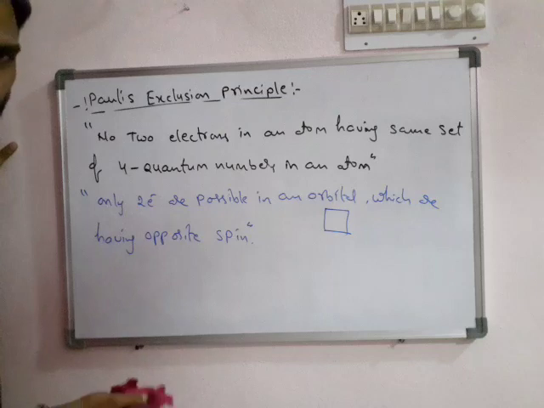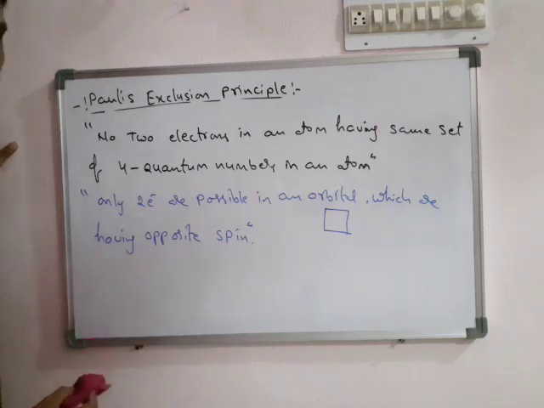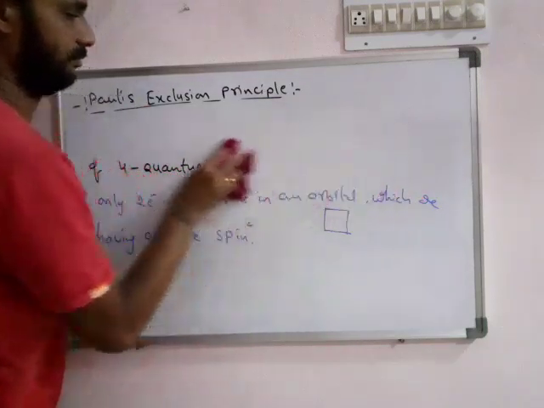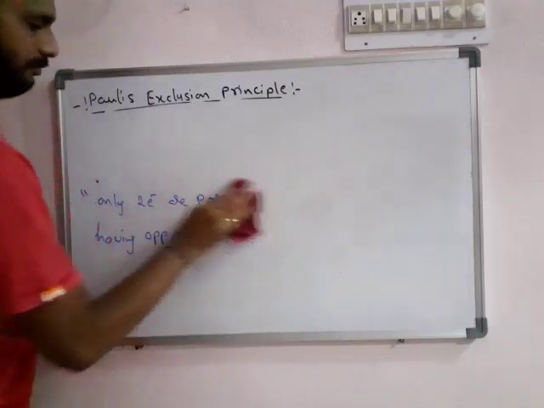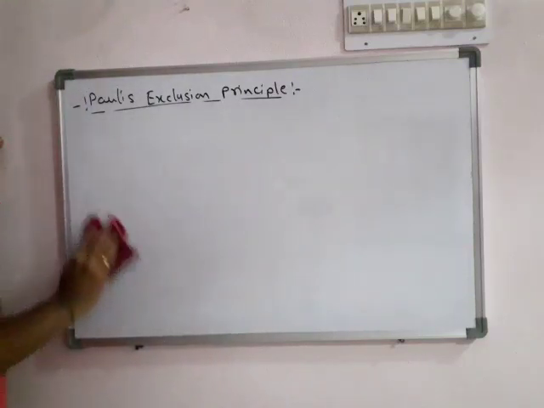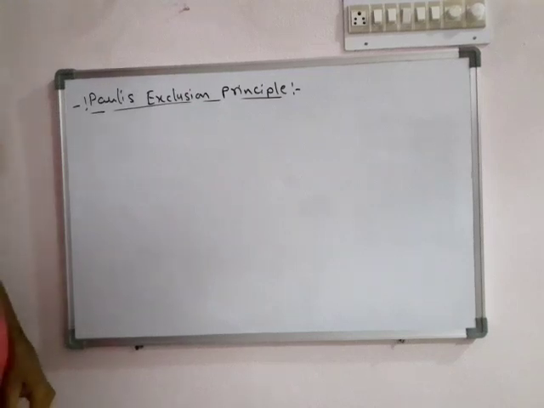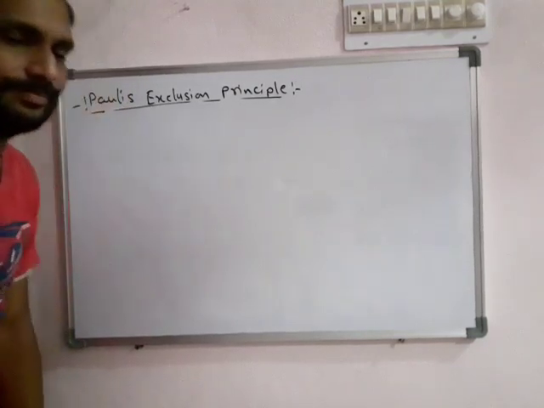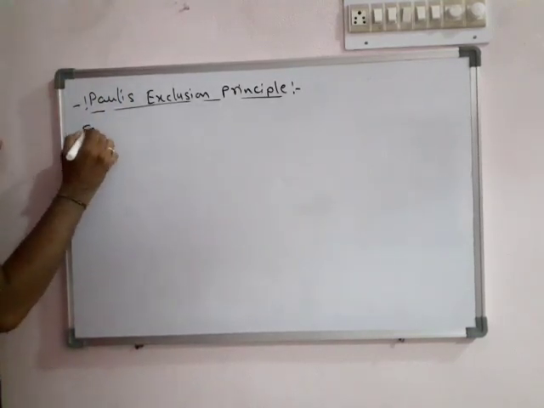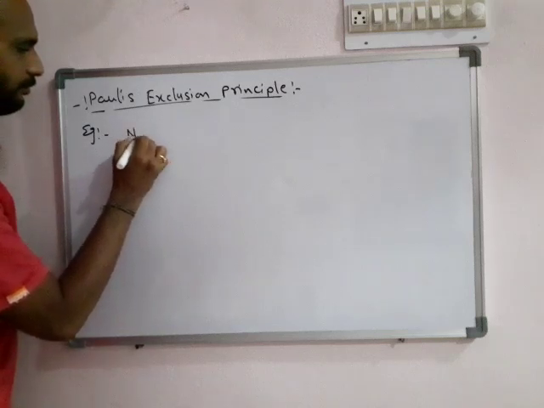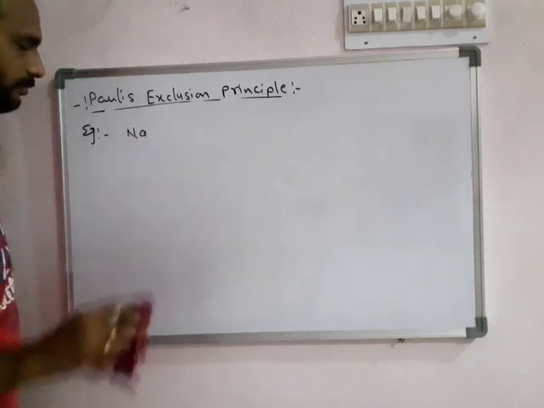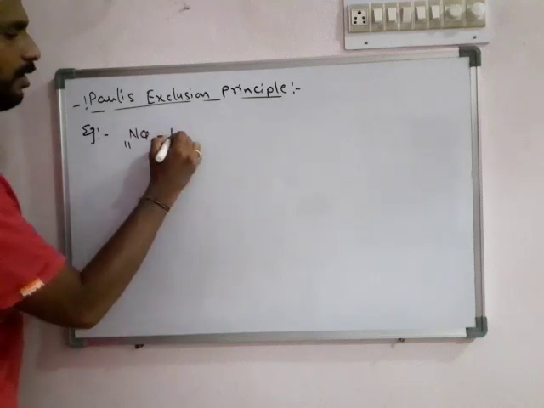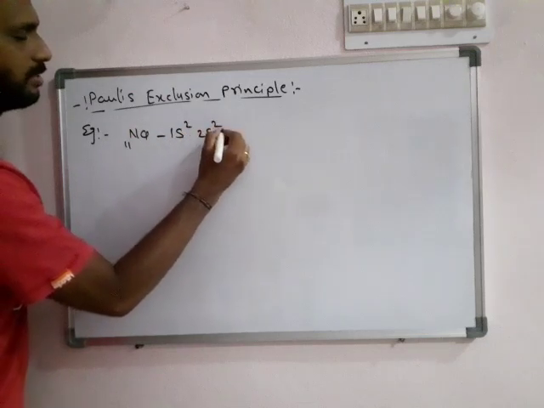Now we see one or two examples related to this Pauli's exclusion principle. So already we know how to write the quantum numbers for a given electron in an atom. So take an example. Okay, take sodium. We are writing the filling of electrons.